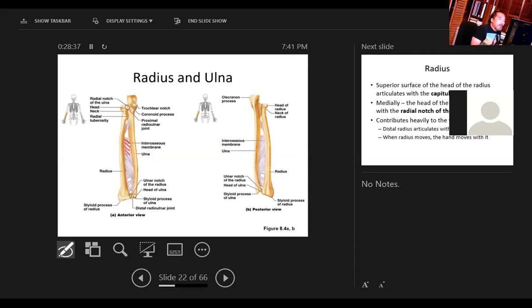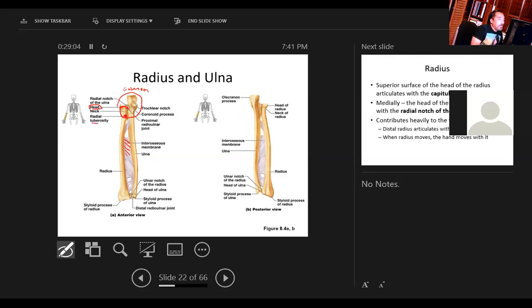So we're gonna take a look at the proximal end of the radius and ulna. This is gonna be the anterior proximal end. So what do we see on the anterior proximal end? I see the head of the radius, and you can actually feel the bump at the anterior end of this radius.